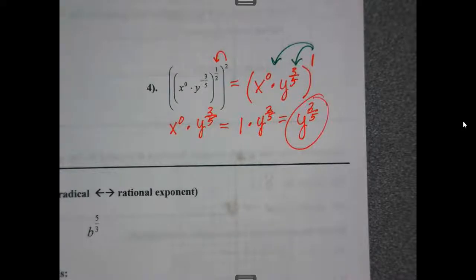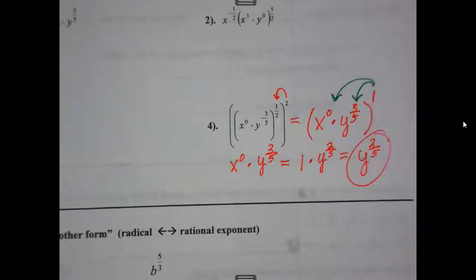Okay, 5 through 7, which one do you want me to do? Number 6. No. Is it 3?